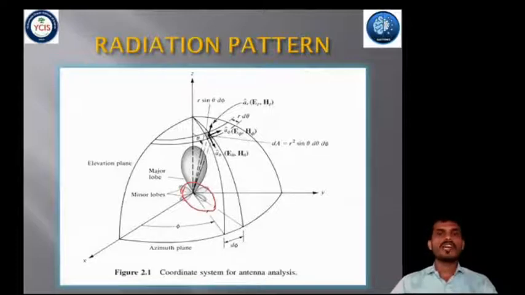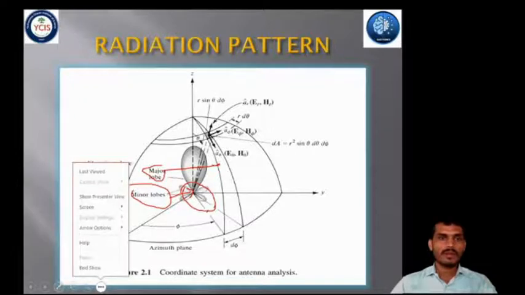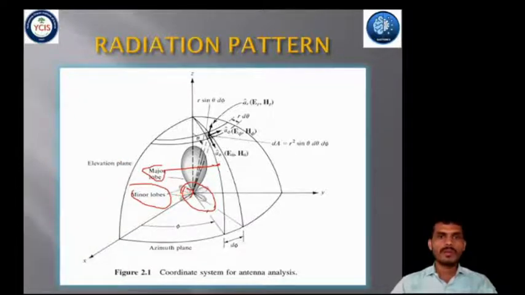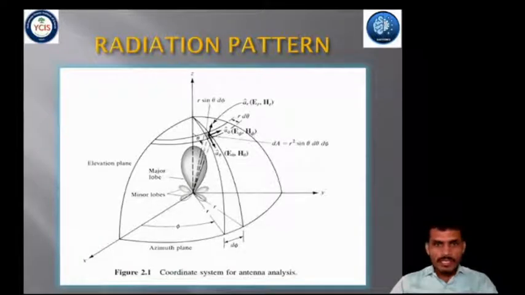This main lobe is called the major lobe, but some minor lobes are present on the opposite side of this major lobe. You can see that this is your major lobe, and these are your minor lobes. These are called back lobes, and the major lobe is called the main lobe.